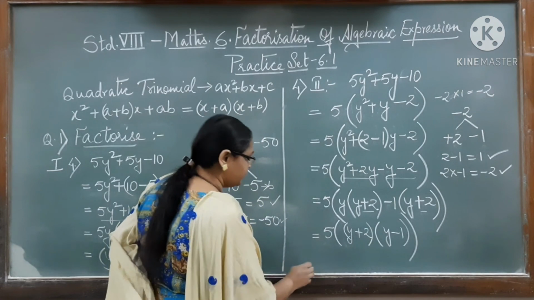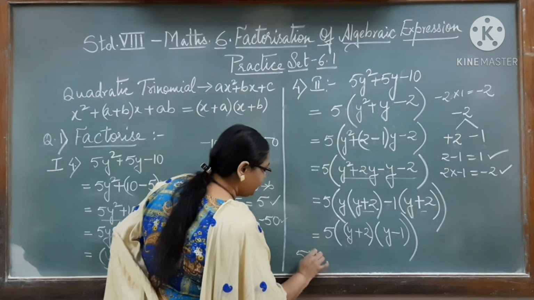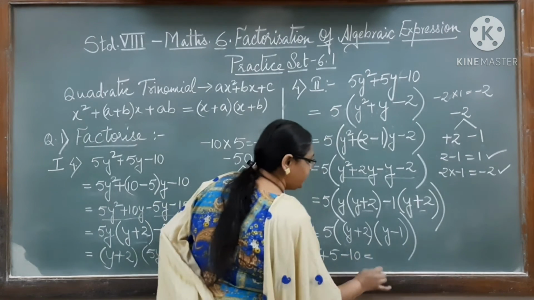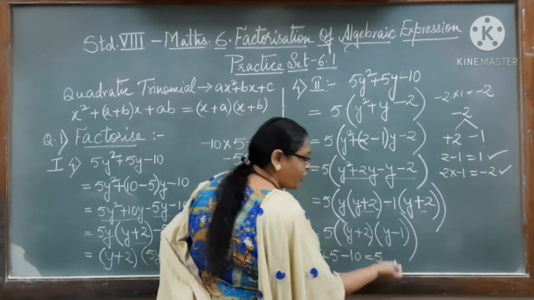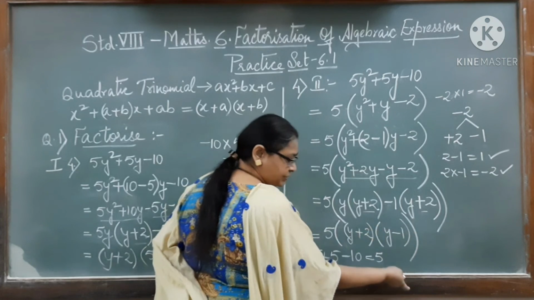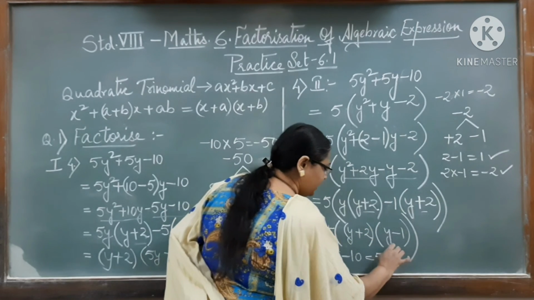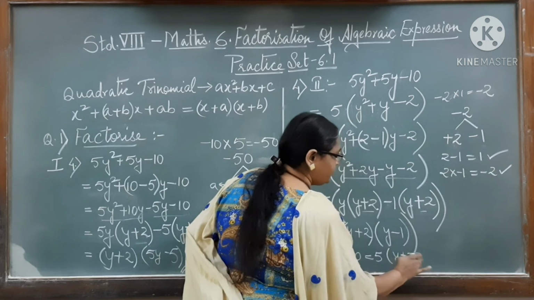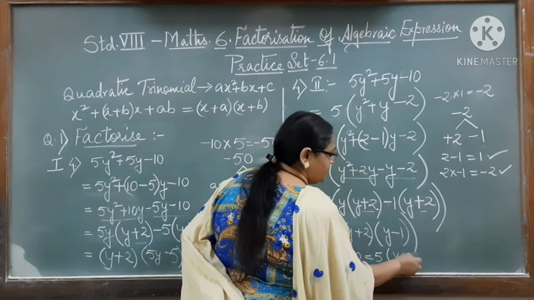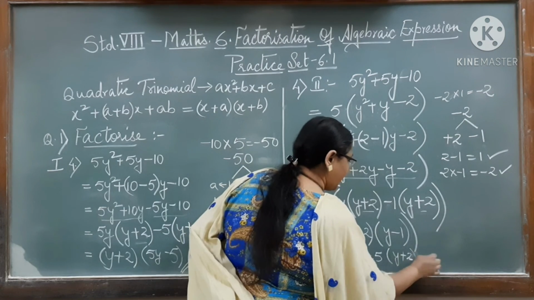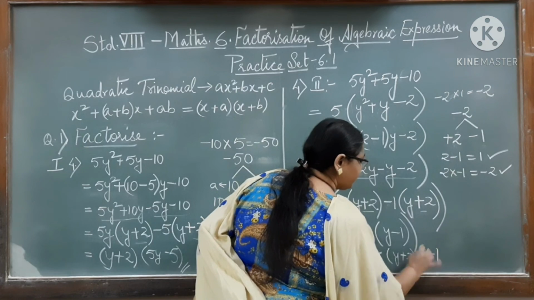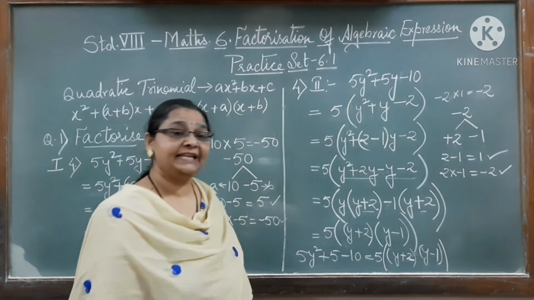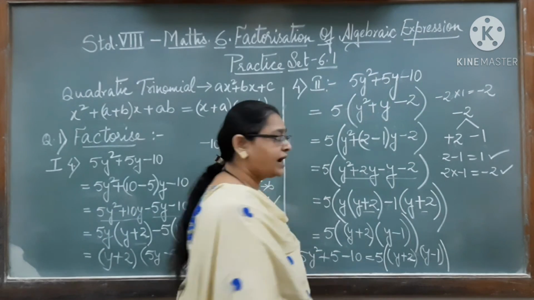So now here the factors of 5y square plus 5y minus 10 are, you can keep the common term as it is or multiply it if you want. Otherwise just keep it common and please write y plus 2 and y minus 1. But remember 5 is taken as common, so it should be inside the brackets.